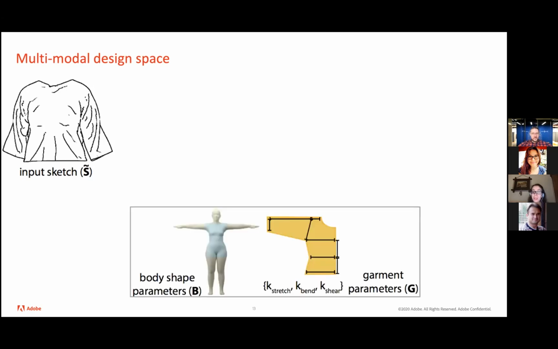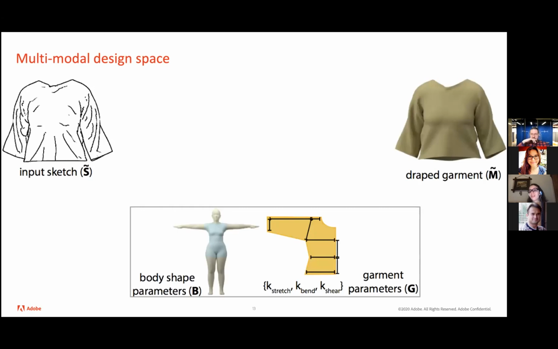Second, there is the parameter space, which consists of the parameters of the individual patterns, maybe their material properties, and also the underlying body parameters, the body shape parameters. And the third space is in 3D, so it basically consists of how the garment actually drapes in 3D.